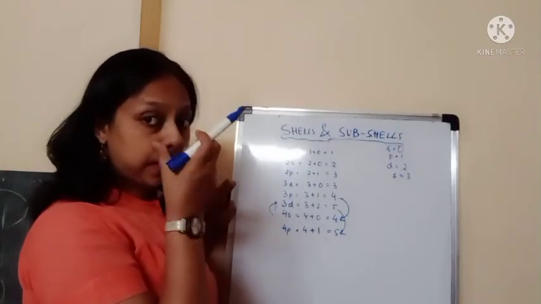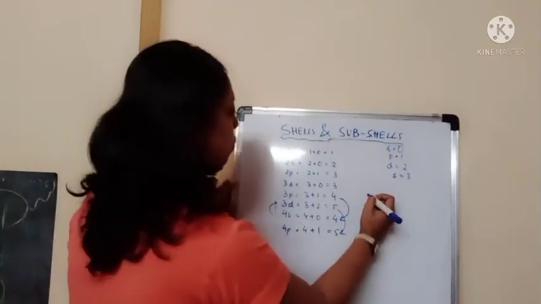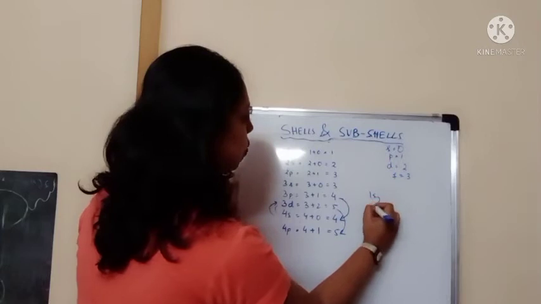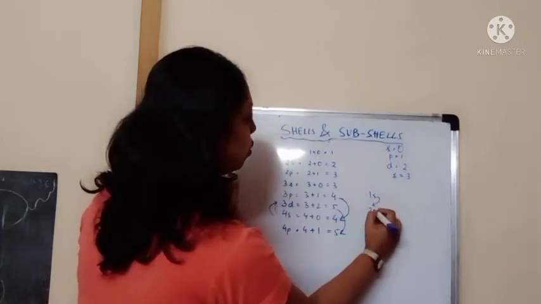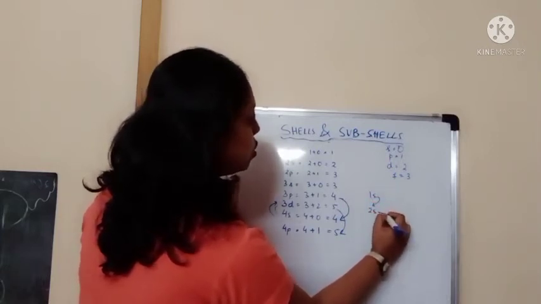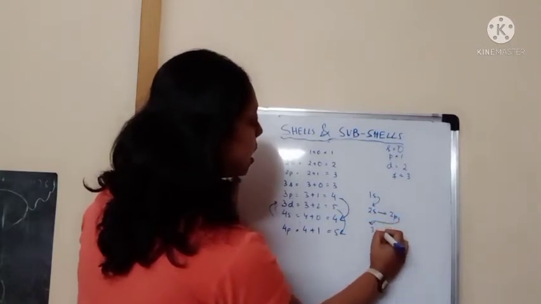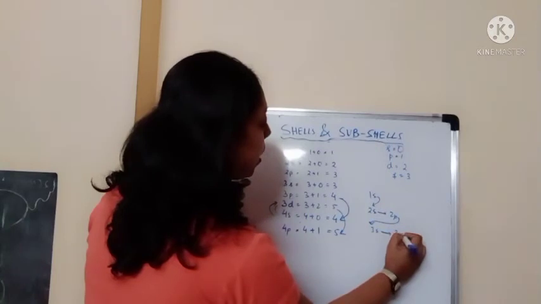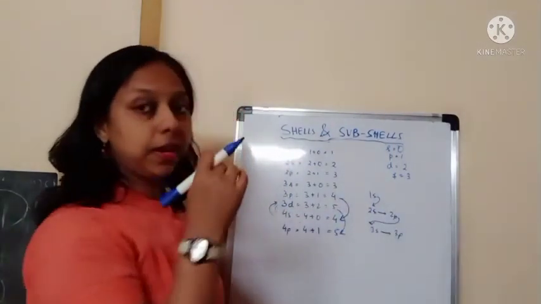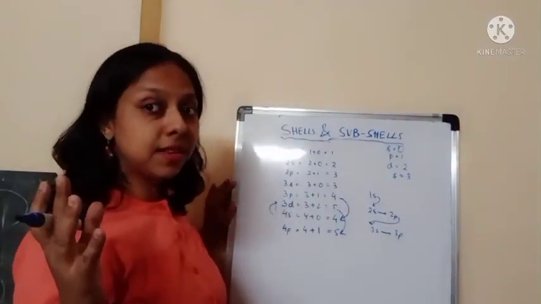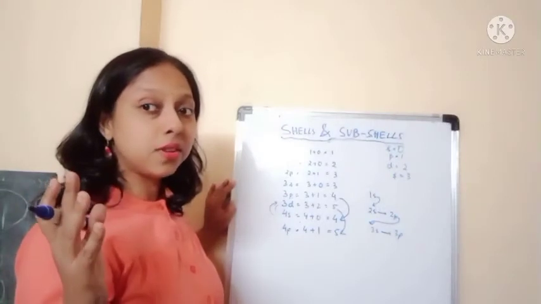So how are the electrons filled? So 1s to 2s, then 2p, then from 2p it will come to 3s, then it will go to 3p. So when S and P are filled, it gets 8 electrons, right? So that is why we say there should be 8 electrons in the outermost shell.